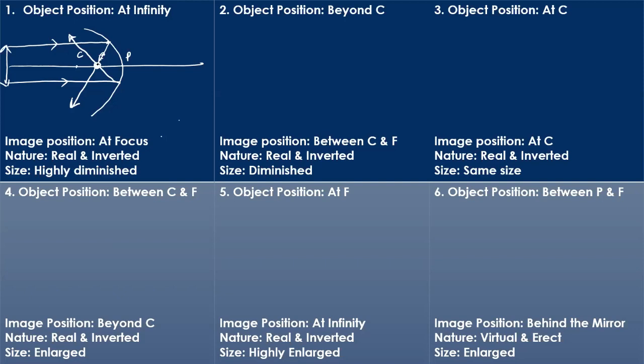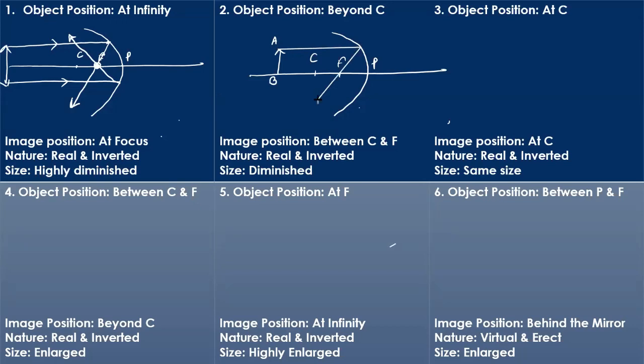Now, second position, where is the object kept? The object is kept beyond center of curvature. Again, pole, focus, center of curvature. So here is the object now. Object should always be named as A and B. Now we'll take the rays. One ray parallel to the principal axis passes through focus.